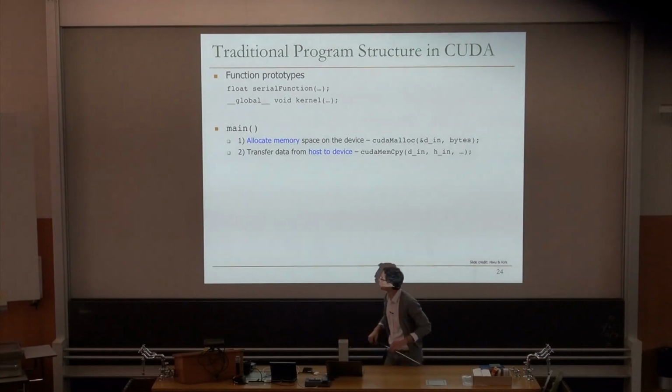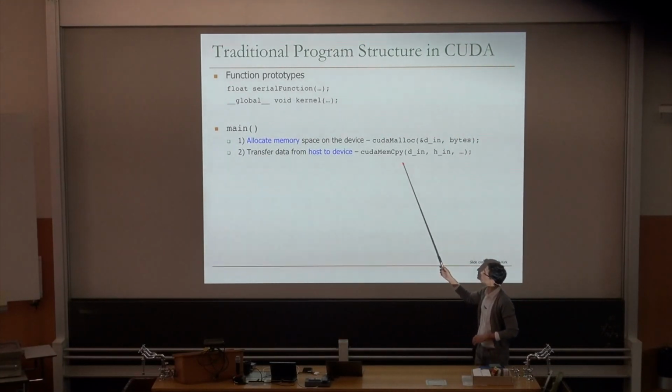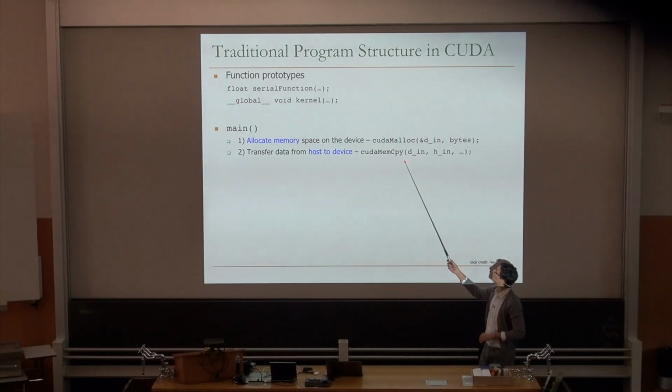After that, we will need to transfer data from the host to the device. We are going to do it using this cudaMemcpy that moves some bytes from a memory address in the host to some memory location in the device.